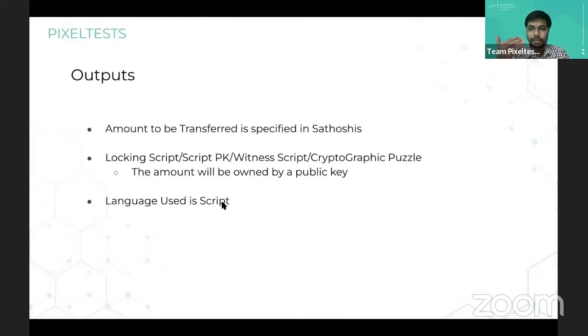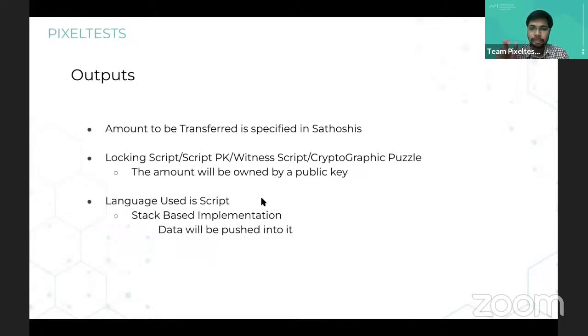In our previous session, we understood about script. A few references were also shared where we understood how the commands of the script language are performed. There's also a stack-based implementation, so we'll cover that today in detail.